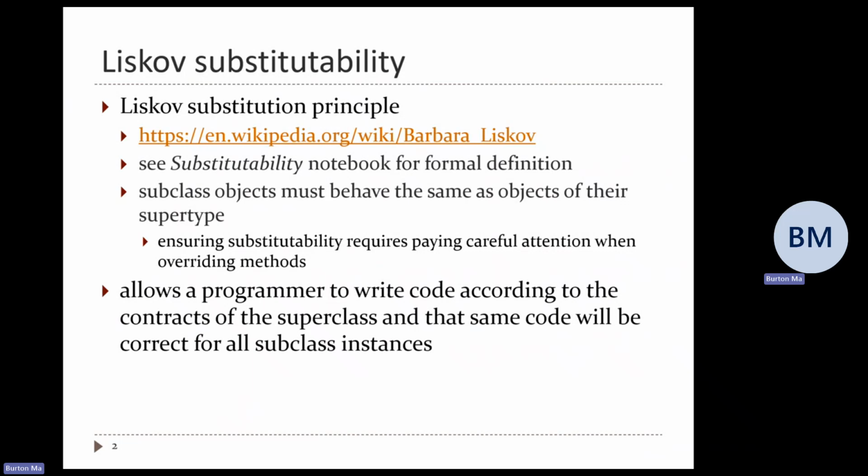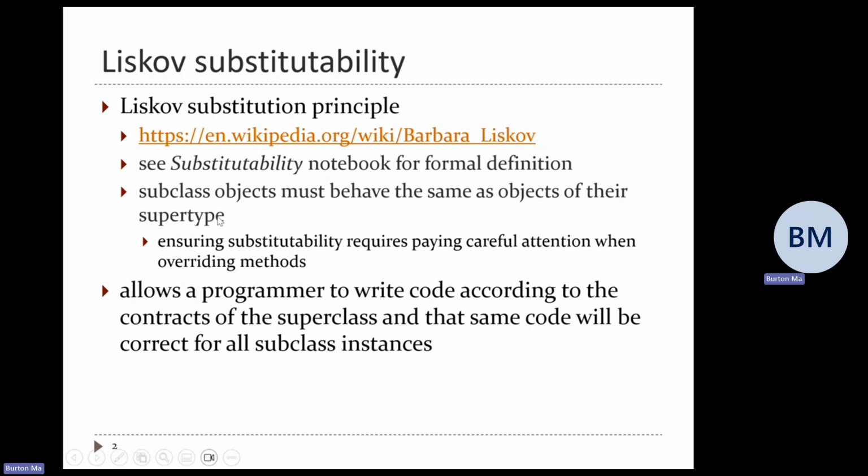It's a well-known principle in object-oriented programming. Basically, it says that a subclass object must behave the same as objects of their supertype. For example, a String must behave like an Object, or a StoppingCounter must behave in a way that's compatible with a regular Counter.